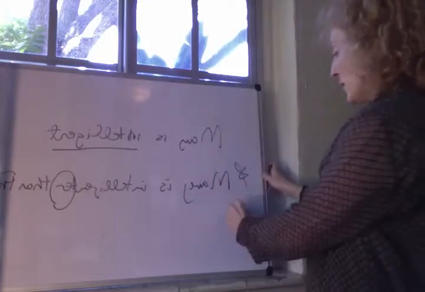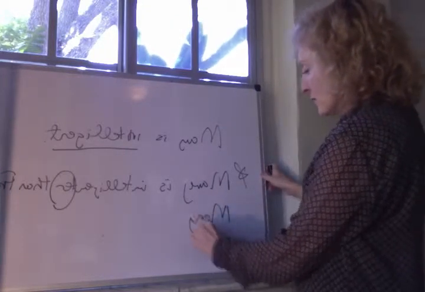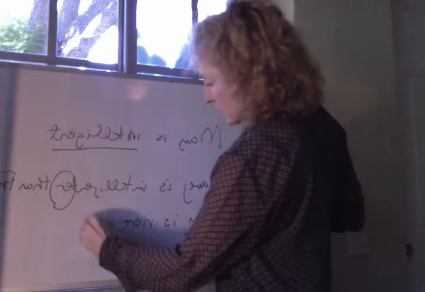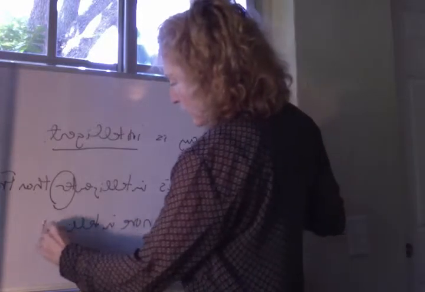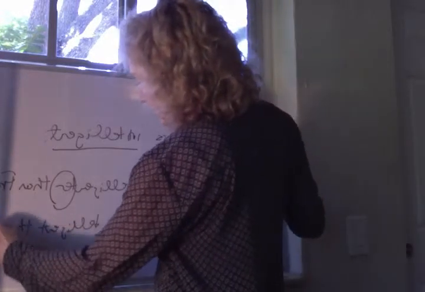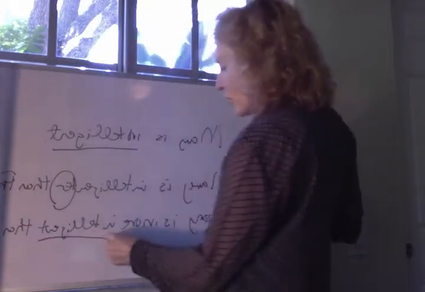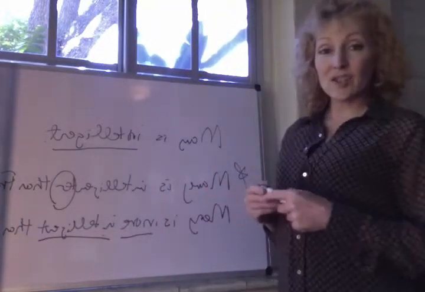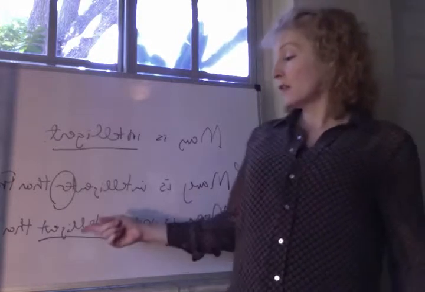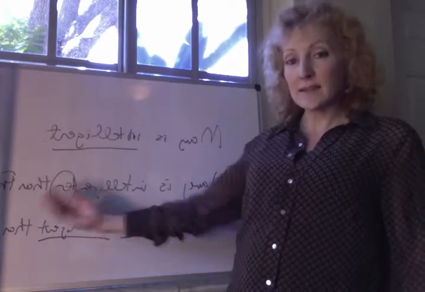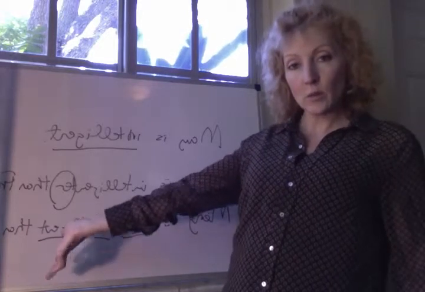So Mary is more intelligent than Francis is still the comparative form of intelligent, but when we have the adjective intelligent, we need to add this word more instead of this ER at the end of the word.